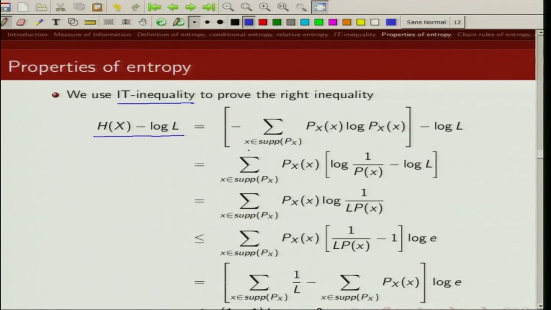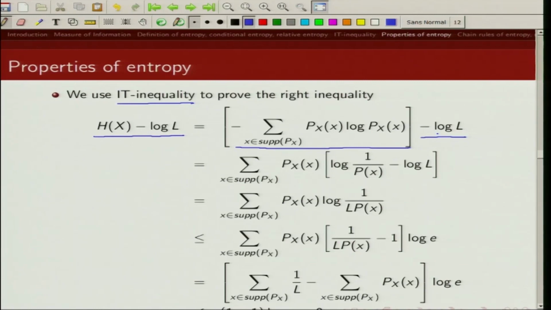So the first thing I did was, from the definition of entropy, I wrote down the expression for entropy. So this is minus summation over the support set of p of x, p of x log of p of x, and the second term is minus log of L. I write it like this.